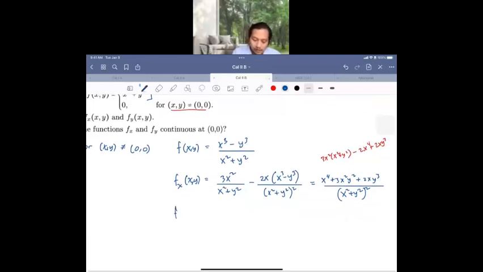The partial y, same thing. We are going to have negative y squared times x squared plus y squared. I'm doing the product rule on this one. You could also do the quotient rule directly, but I'm taking the product rule.